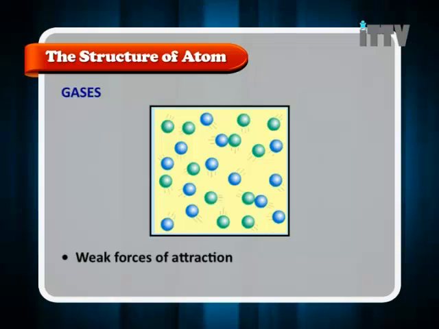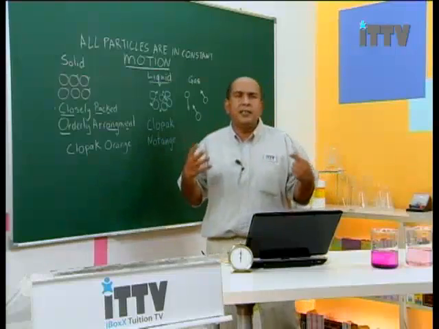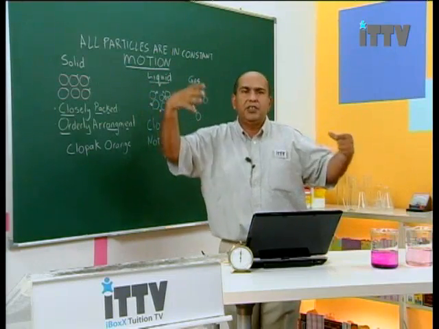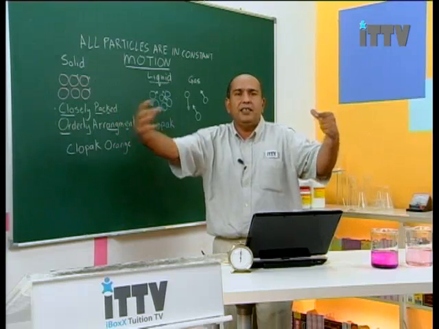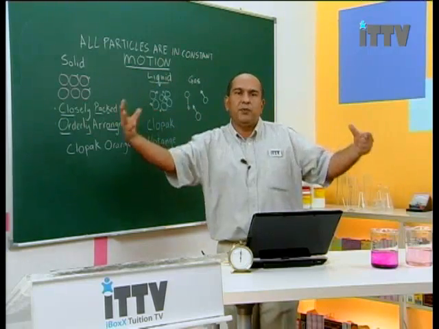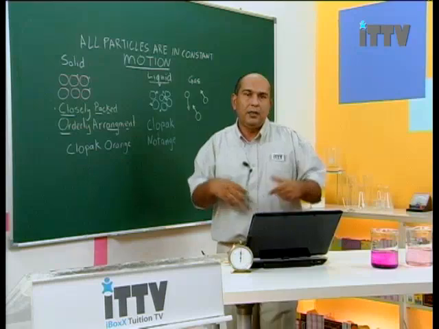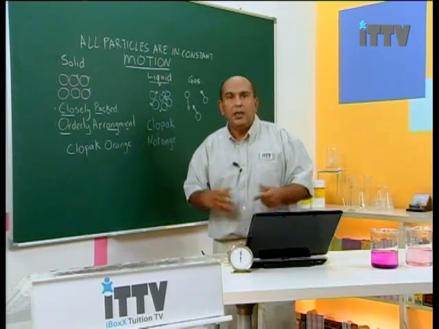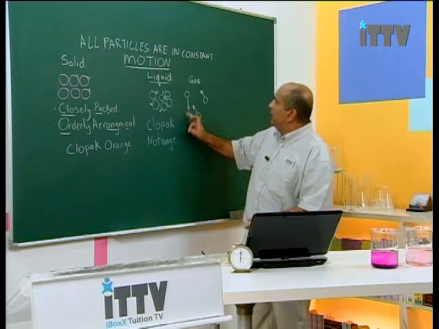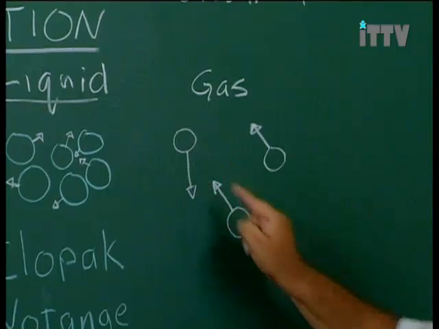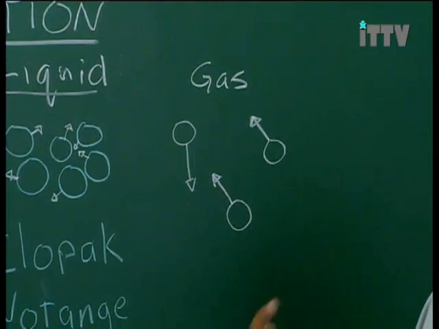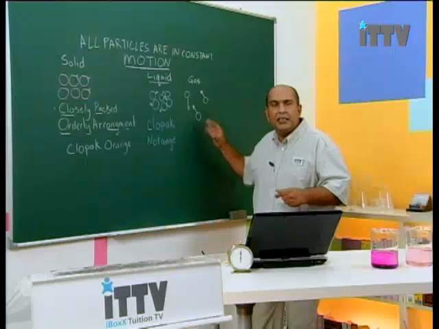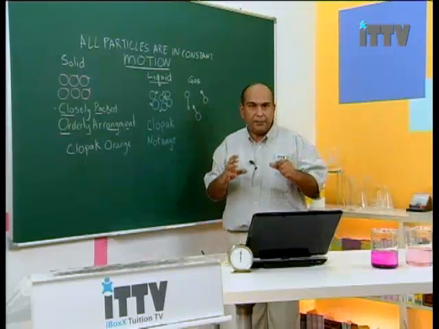A bit like, if you imagine that it's the Sun and the planet Pluto, because these particles are so far apart, just like Pluto is so far from the Sun, the gravity between the Sun and Pluto must be weaker compared to Mercury or any other planets that are closer to the Sun. Well, similarly here, because these particles are very, very far apart from each other, the attraction between them must be quite weak. So the force of attraction in the gas is said to be weak.